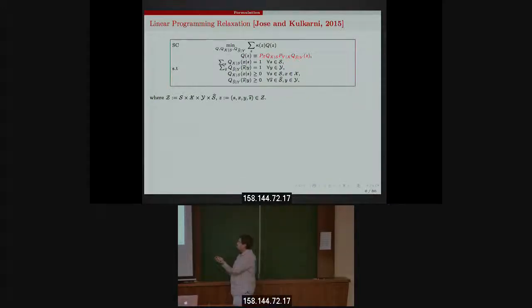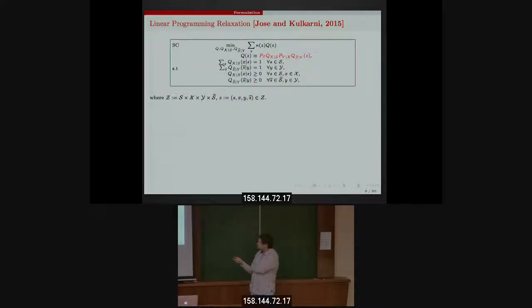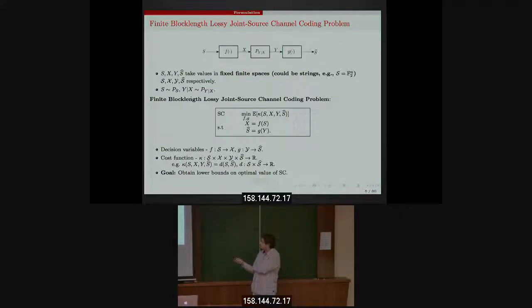Now, the first thing you observe here is that actually this is probably the bad way of writing the problem, that you write this over all functions f and g. A better way is to write this over all joint distributions that are induced on all these variables, S, X, Y, S hat.